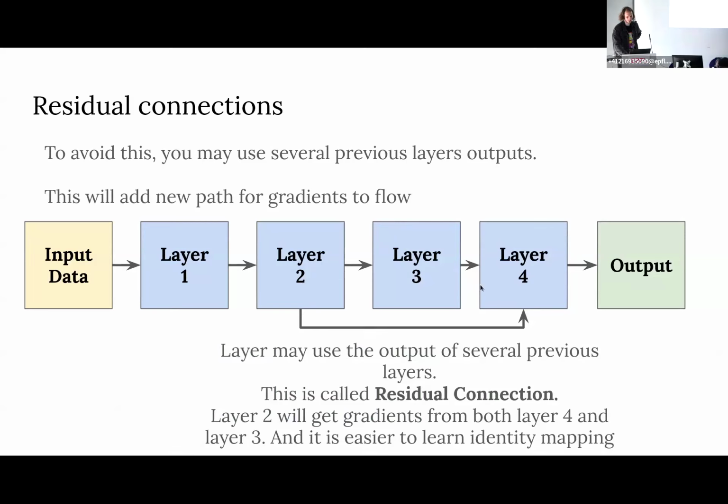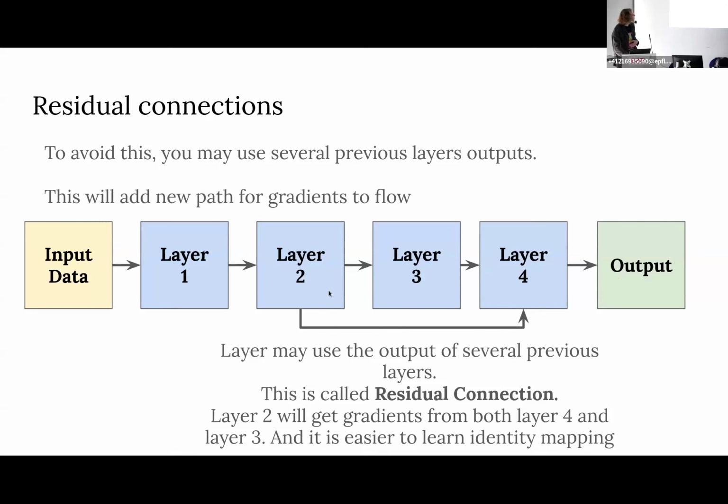If layer 3 and layer 4 do not want to do anything, layer 4 would say, okay, I would use my input from layer 2, layer 3, I wouldn't use it. And it would be easier for this output to depend solely on layer 2 instead of layer 3 and layer 4, because instead of going from this to this to this, it can go from this directly to layer 2. You see it?